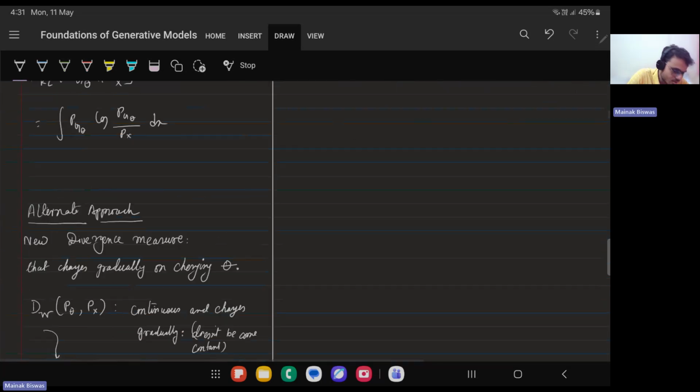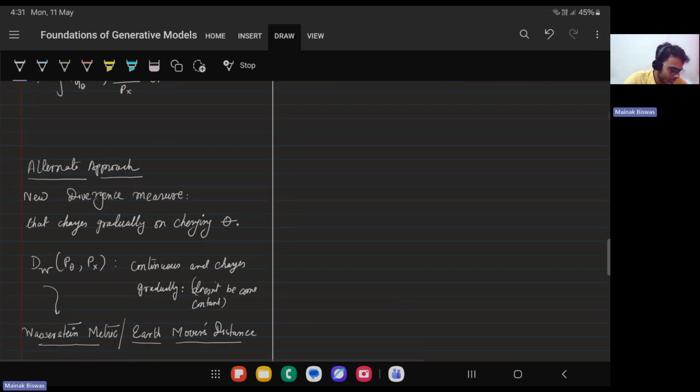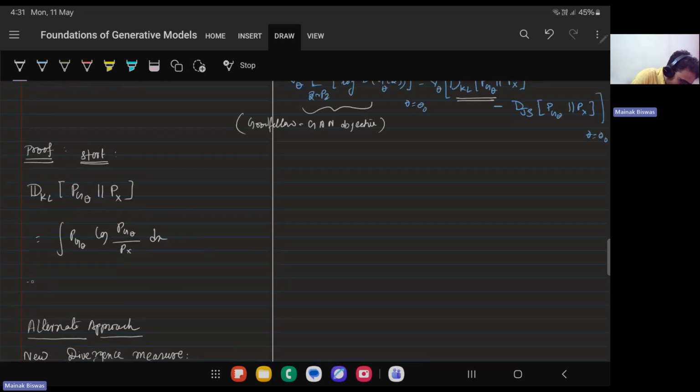Should we keep some space? We'll do that. So this is equal to the expected value of x being sampled from p_g theta, log of p_g theta by p_x.